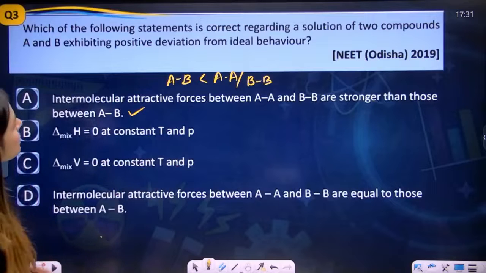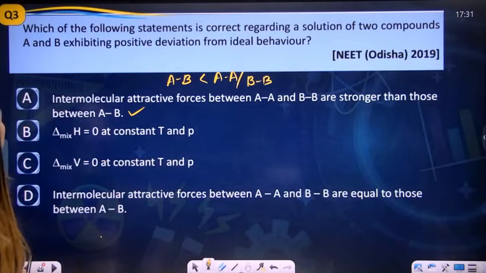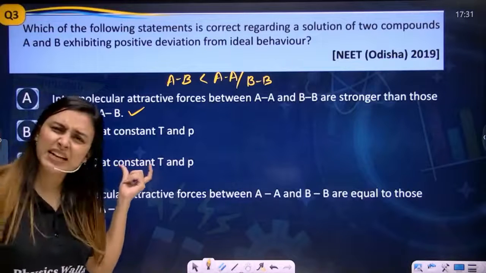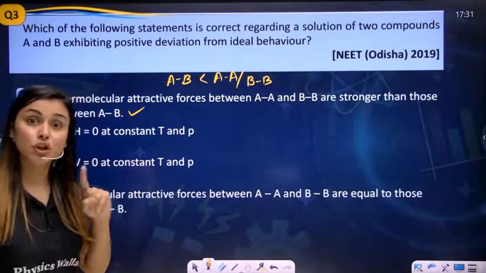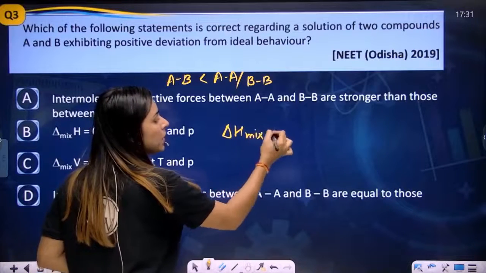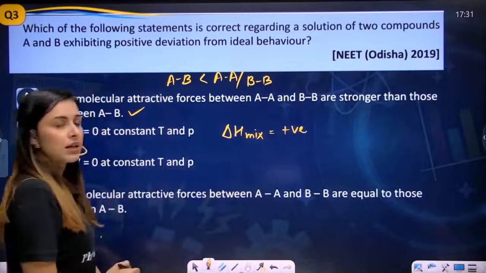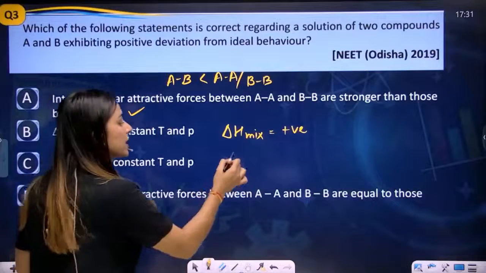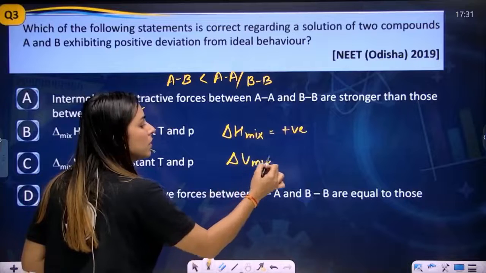Second is delta H mixing is 0. Is delta H mixing 0 for positive deviation? No. For positive deviation, delta H mixing comes out to be positive. So this is not correct. Delta V mixing 0? No. Delta V mixing also comes out to be positive.